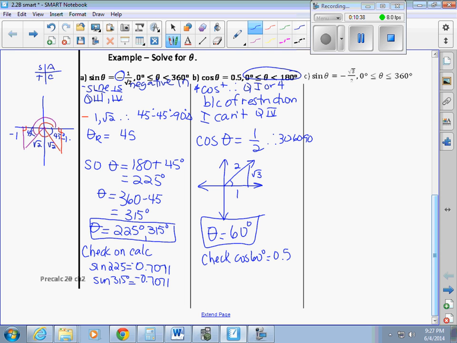Okay, C, sine of theta is equal to negative square root 3 over 2. And I have to be between 0 and 360 degrees. So sine is negative. Sine is negative in quadrant 3 and 4.